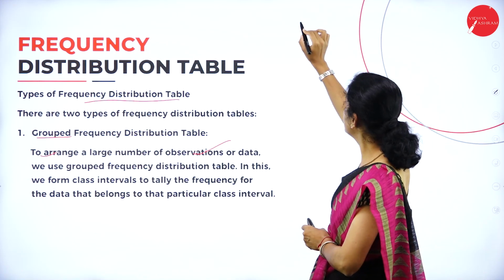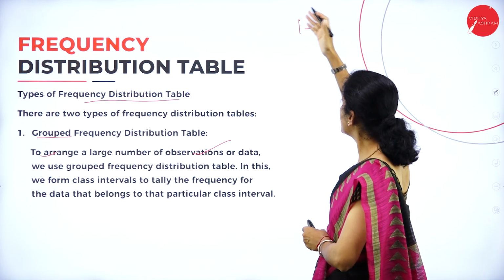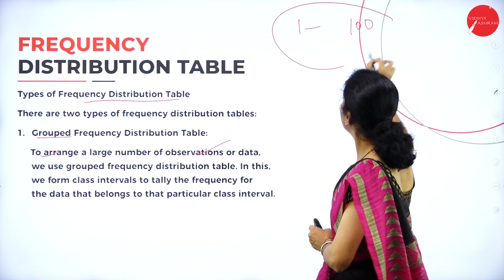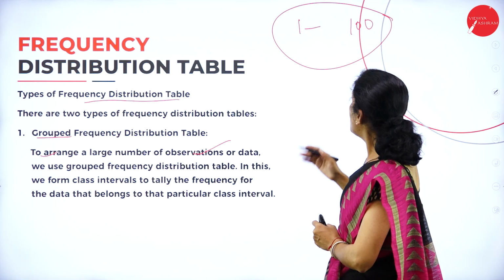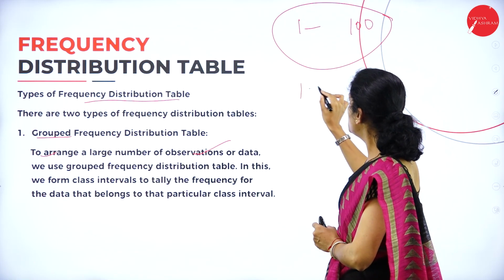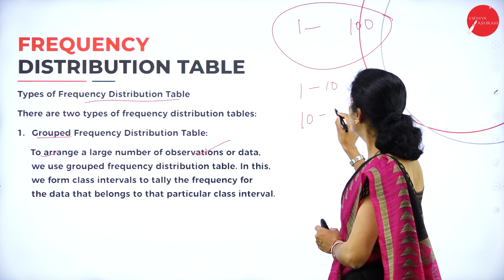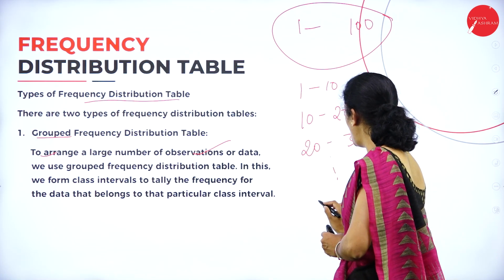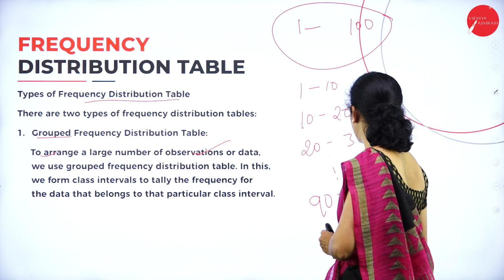So dear student, think that I have the data range that is 1 to 100. So it is a long data set. Okay. Now I'm going to divide this into 1 to 10, 10 to 20, 20 to 30, and so on up to 90 to 100.